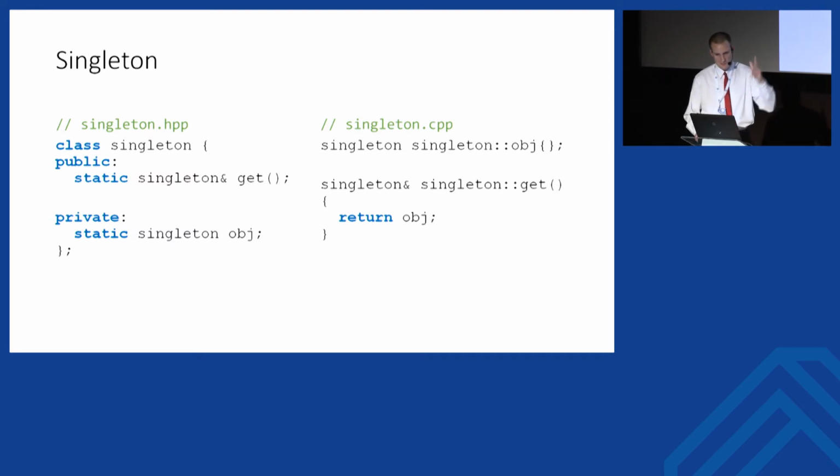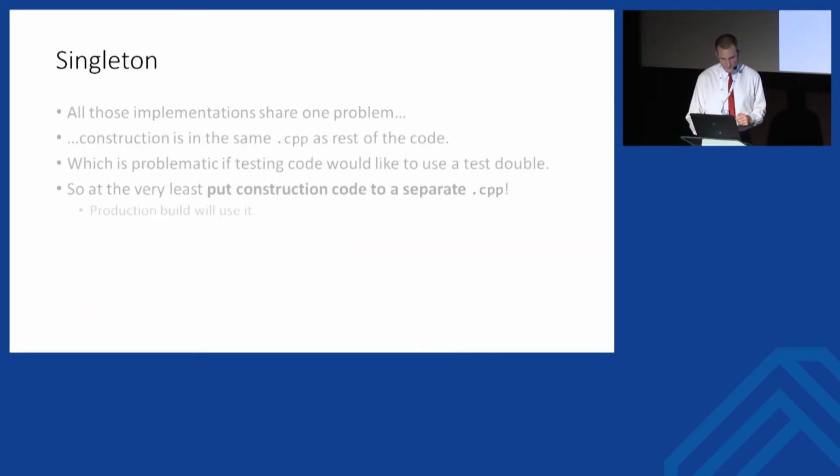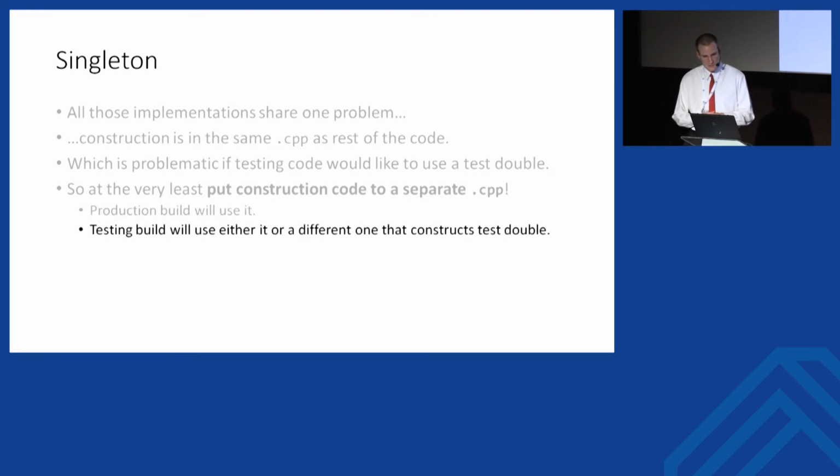So you can have the entire code tested and use it in tests just as in production code, while you can substitute a different source file for creating the instance itself. The production build will use the file we have defined, and the testing build will use either that CPP which constructs the normal instance or a different one that makes a test double.